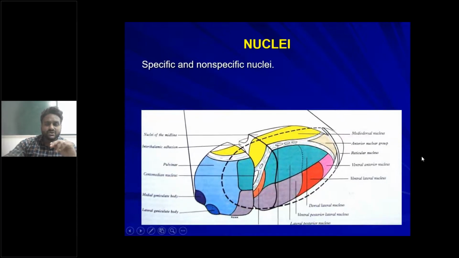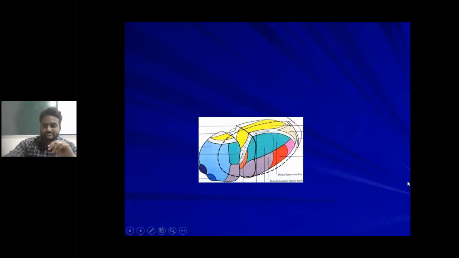Now we come to the nuclei. The nuclei of the thalamus are usually specific and non-specific. There are two types of nuclei of the thalamus, specific and non-specific. In this picture, we can see the nuclei of the thalamus. In the middle, you can see the Y-shaped white matter of the thalamus, the intrathalamic lamina.